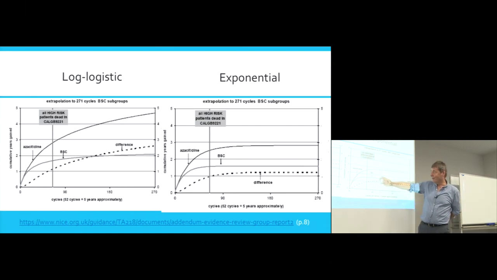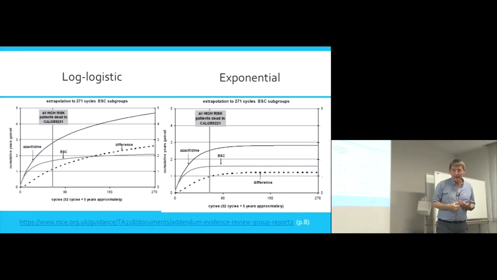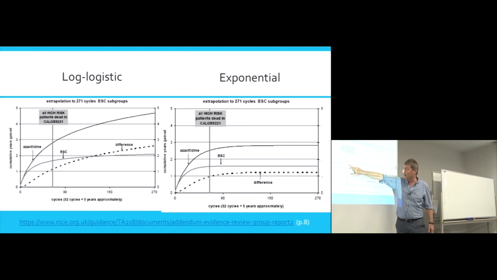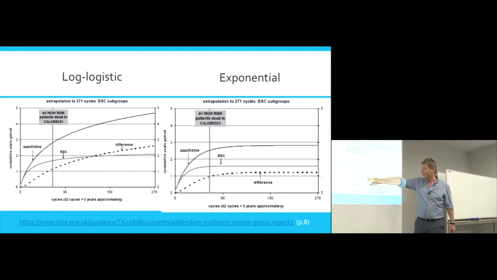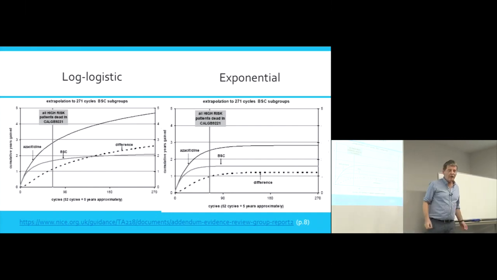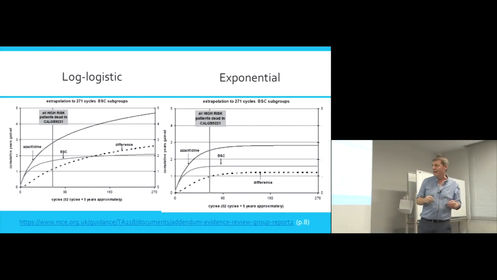And of course, the vertical distance, the difference between years of life being accumulated between best supportive care and azacitidine, the dotted line, it's also leveling out at a much earlier stage. So we've got a really marked difference here.